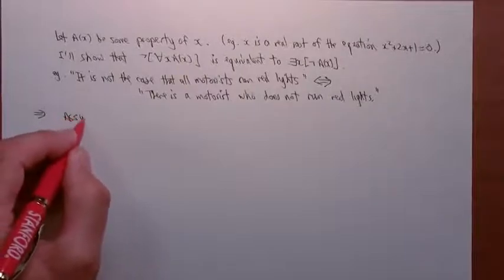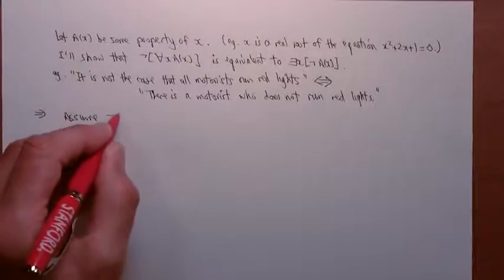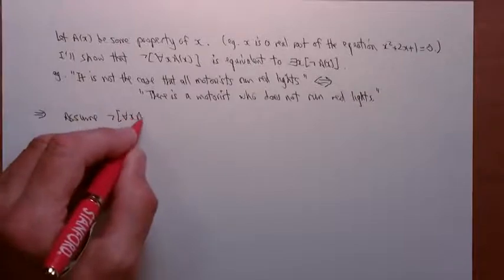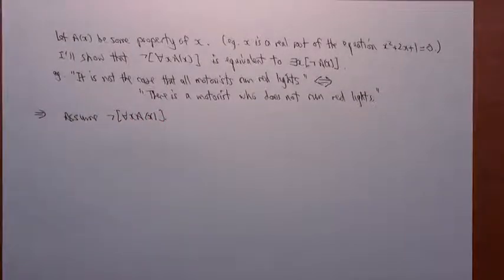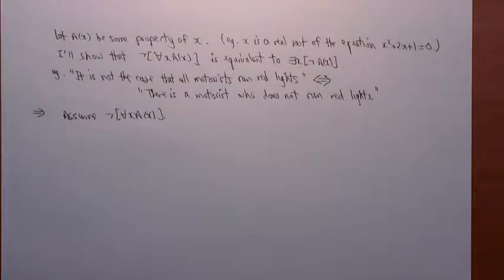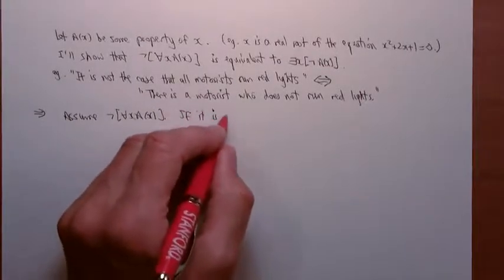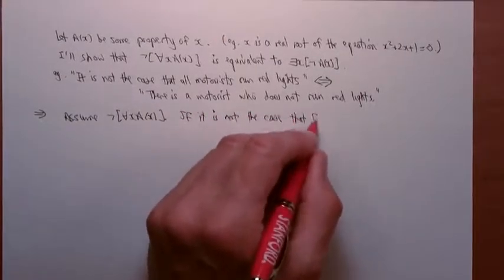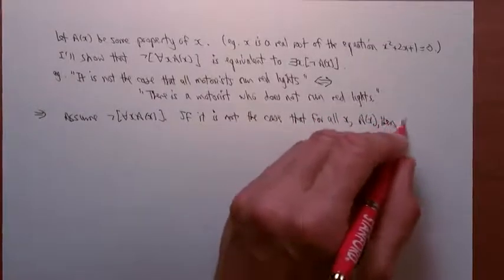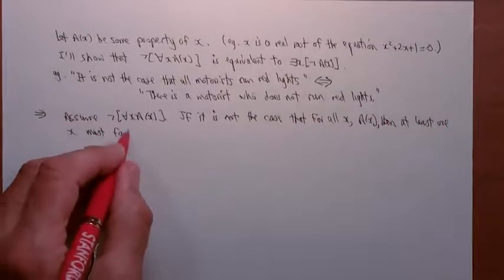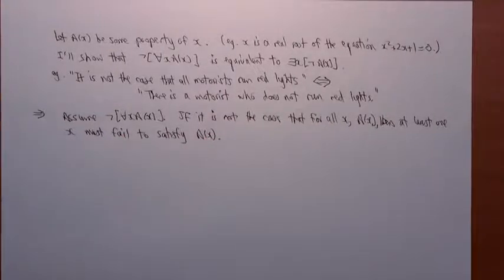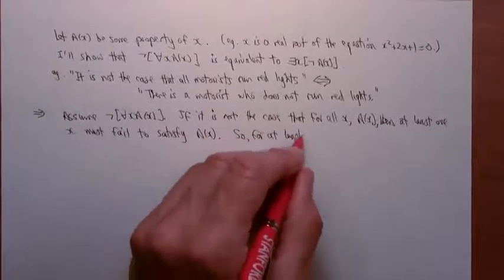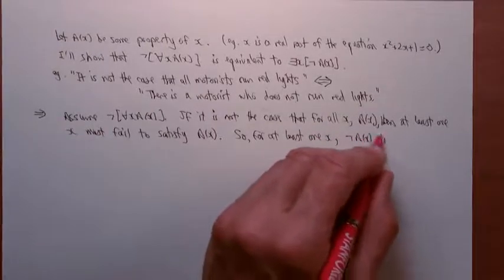I'm going to assume not for all x, A of x. Well, if it's not the case that for all x, A of x, then at least one x must fail to satisfy A of x. So, for at least one x, not A of x is true.